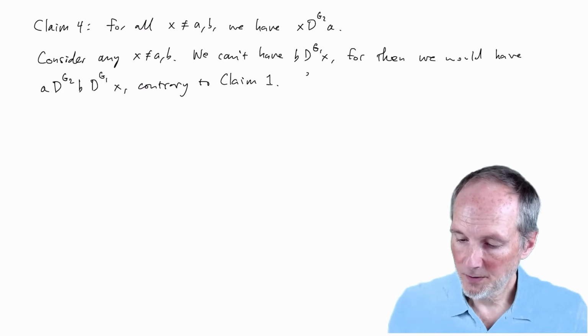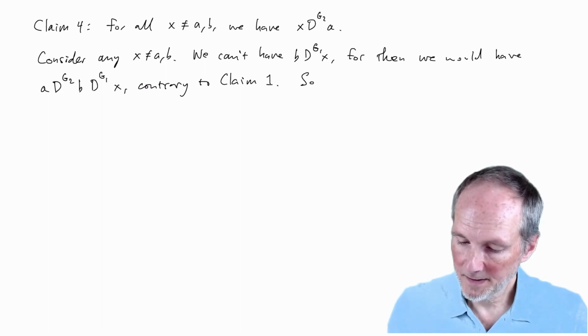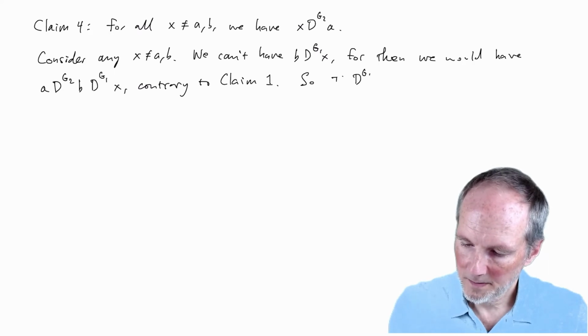So that tells us that it's not the case that G1 is decisive for B over X.